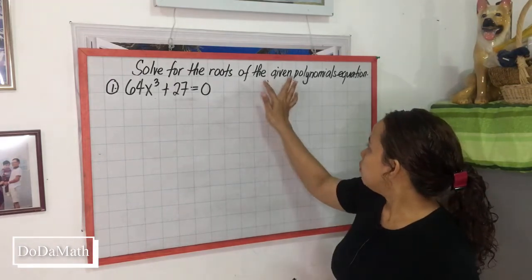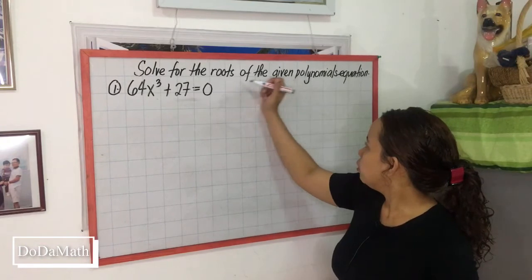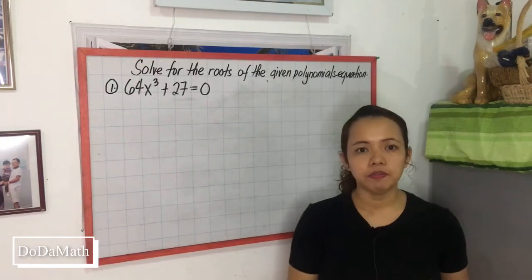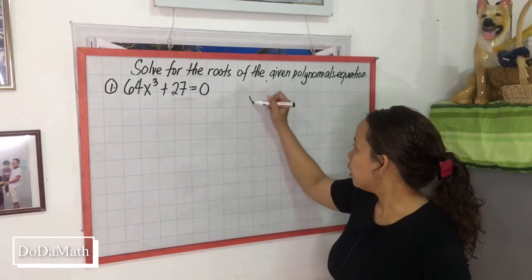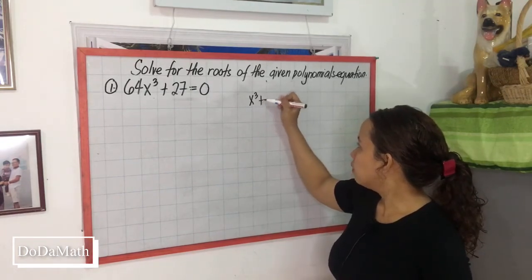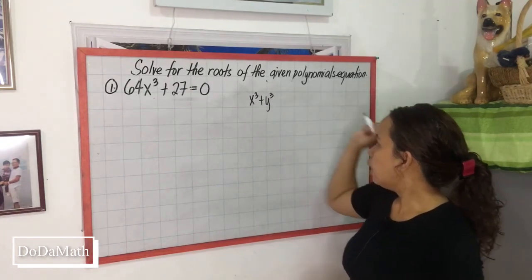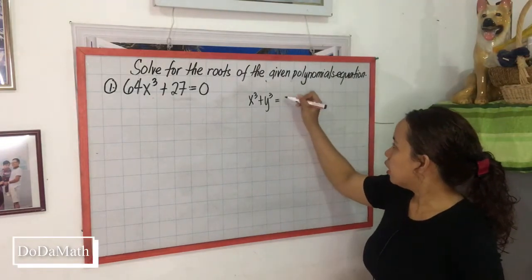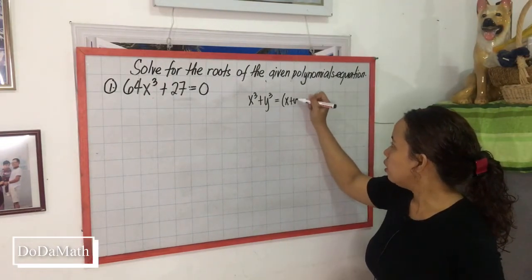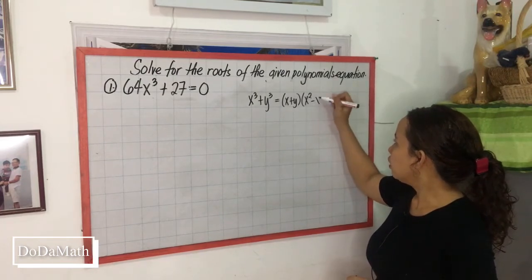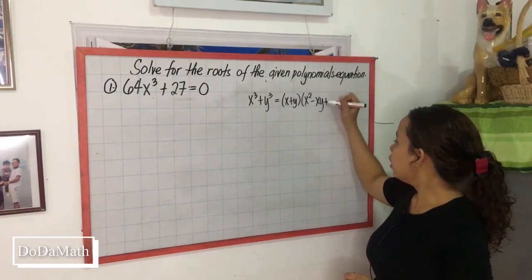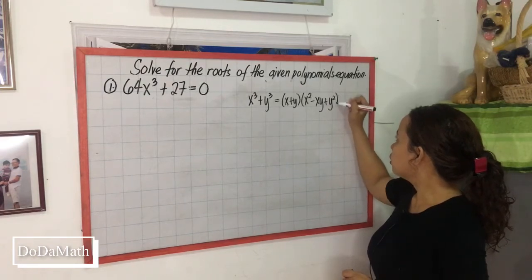So, for review, we've learned to factor the sum and difference of two cubes. Say for example, we have x cubed plus y cubed. Alam natin na ang factor niya ay x plus y and then x squared minus xy plus y squared.